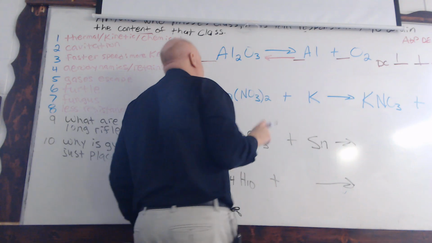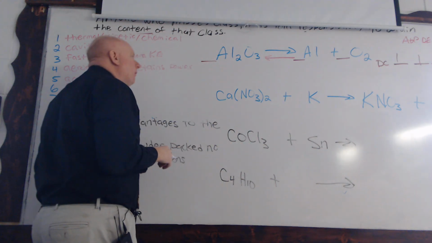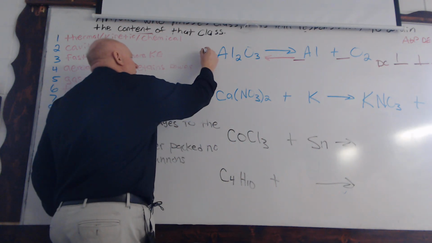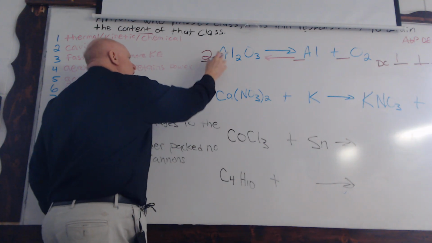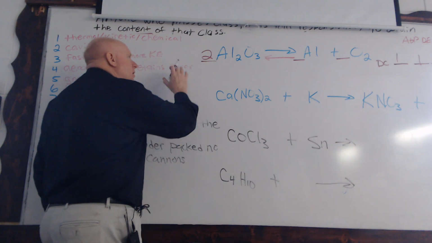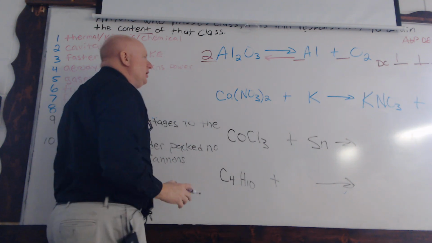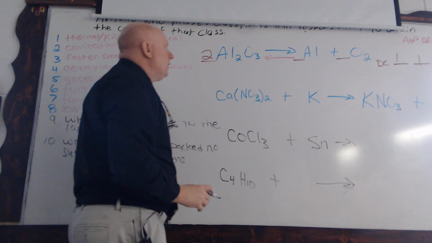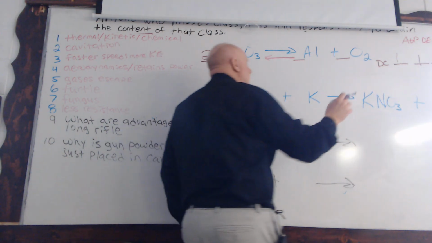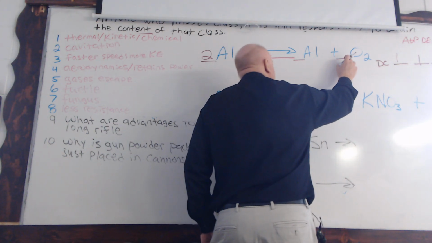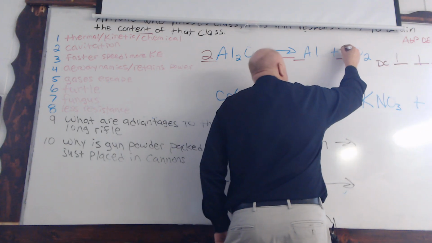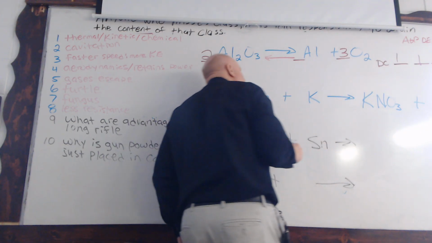How do we get that to an even number? So if we multiply this by 2, that changes our aluminums as well, but it gives us 6 oxygens. Okay? So how do we get 6 oxygens over here? If we take it times 3, our oxygens are now balanced.